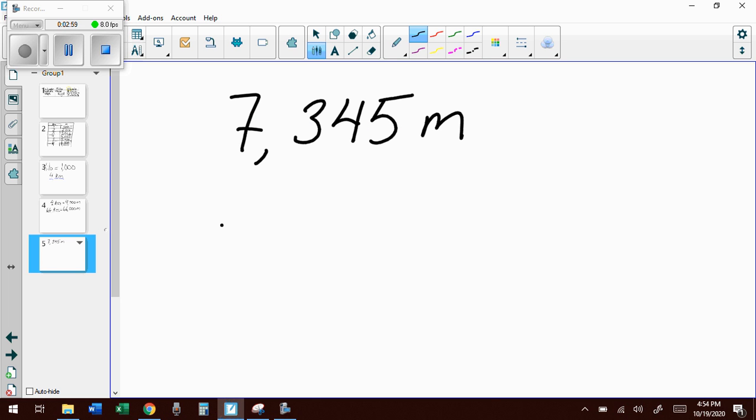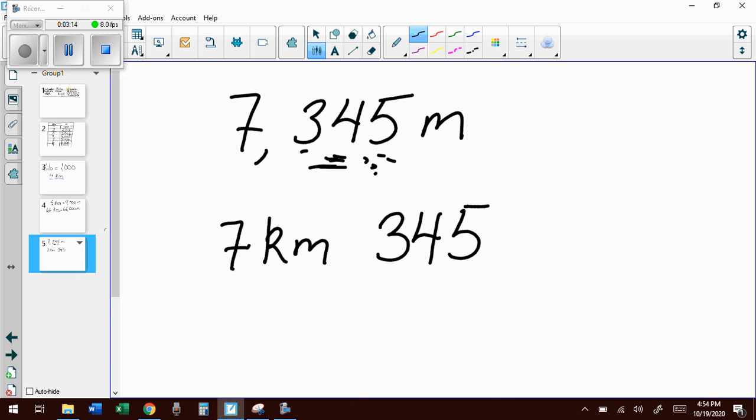So we have 7 in our thousands place. So that's 7 kilometers. And the rest of it, what's left over are our leftover meters, 345 meters.